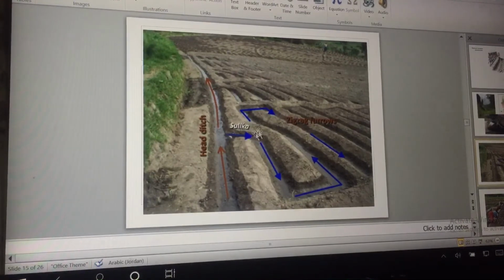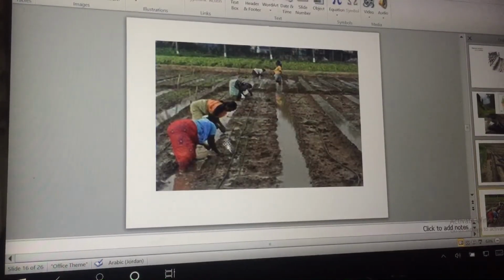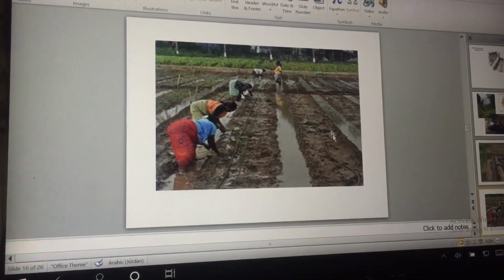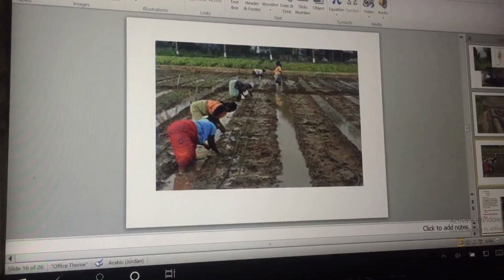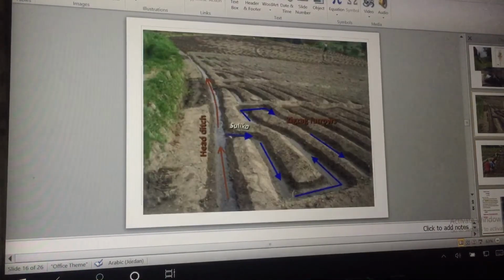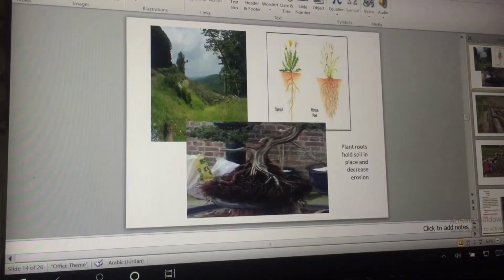Instead of washing all of the soil away, it will move inside these furrows, and this minimizes soil erosion by rain. Water moves in the plowed channels instead of washing the soil away. This is one way to prevent erosion by water.